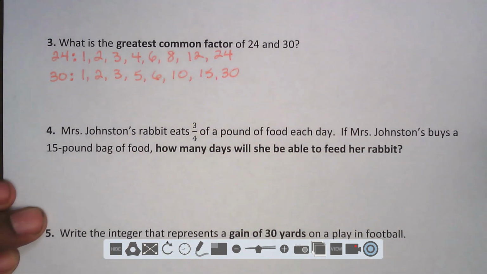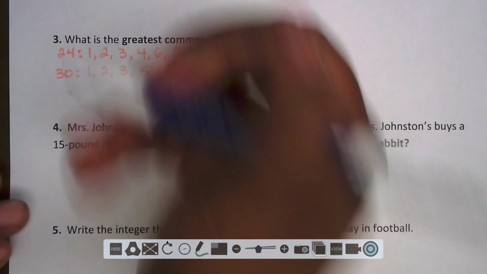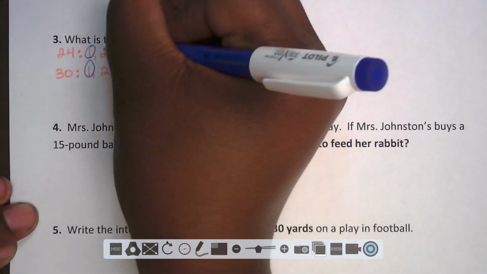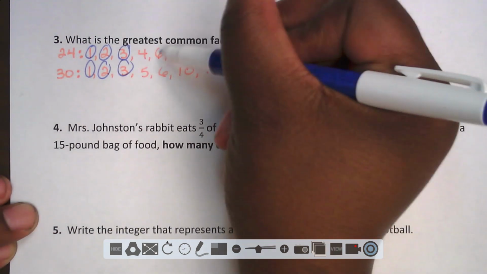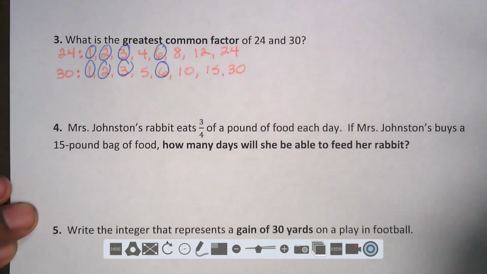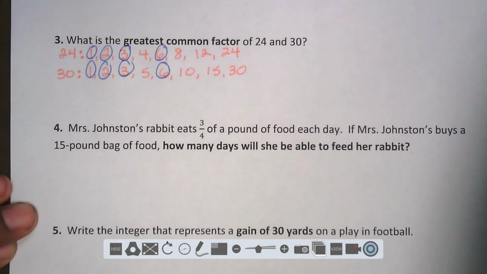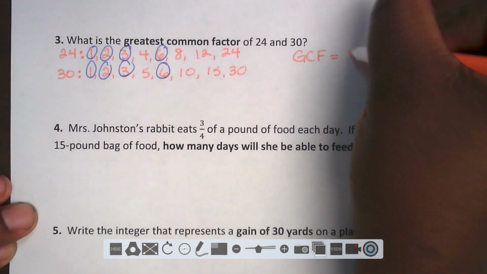So now it is time for me to go ahead and circle what they have in common. They both have 1s and 2s, 3s, 6s, no 8s, no 10s, 12s, 15s. So hey, that's it. So I see here that my greatest common factor is equal to 6.